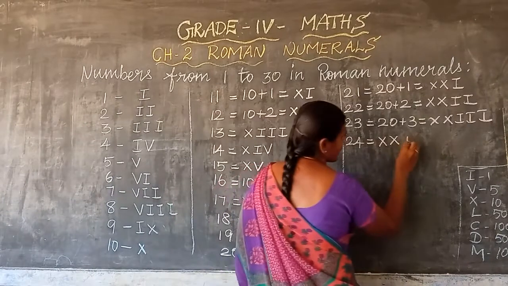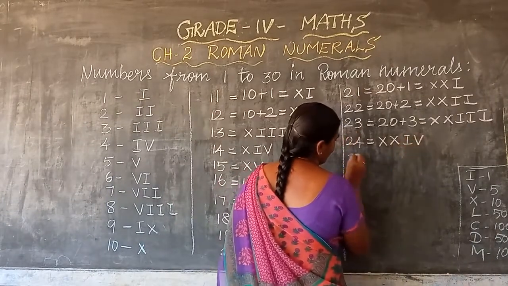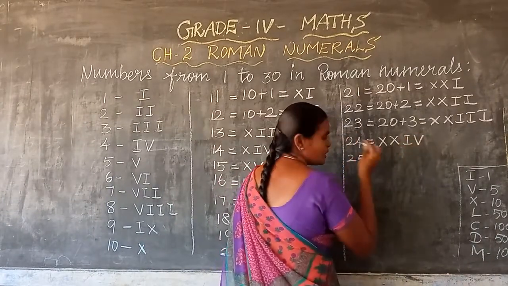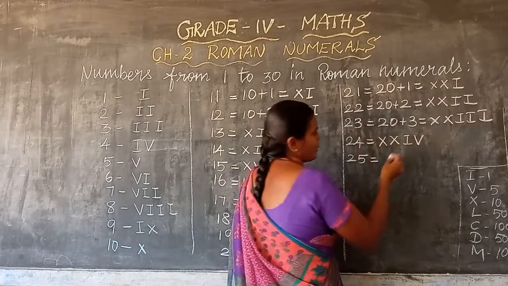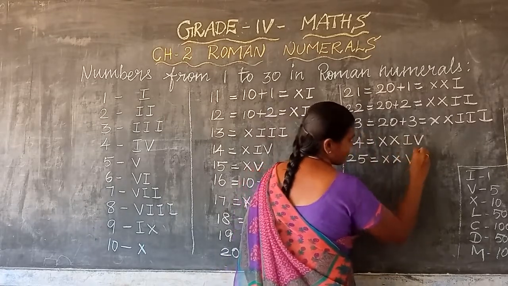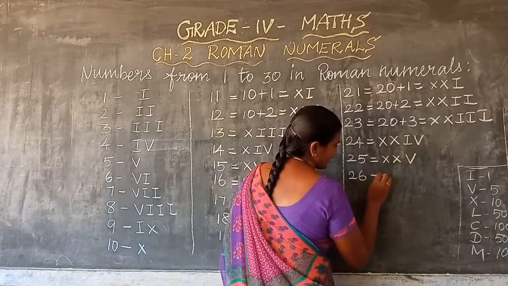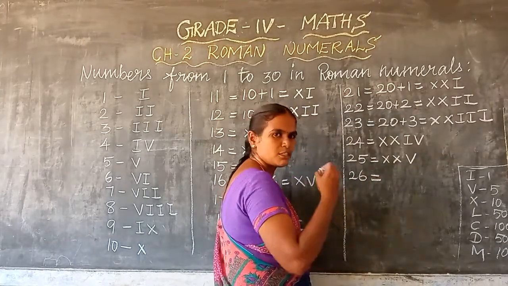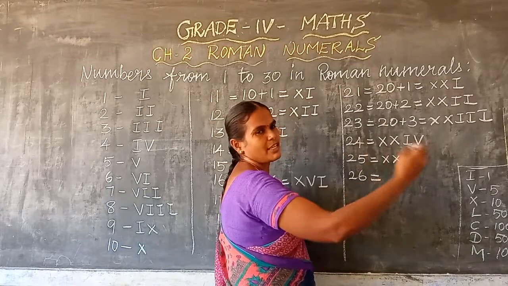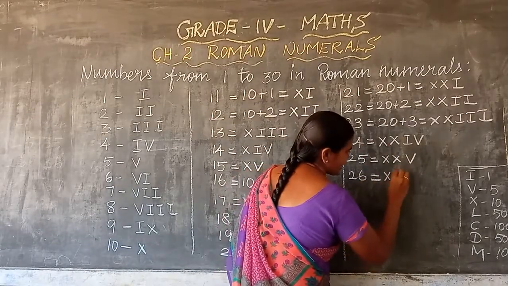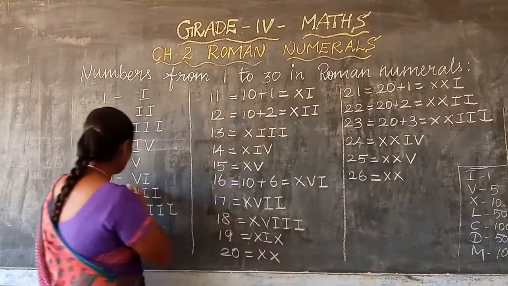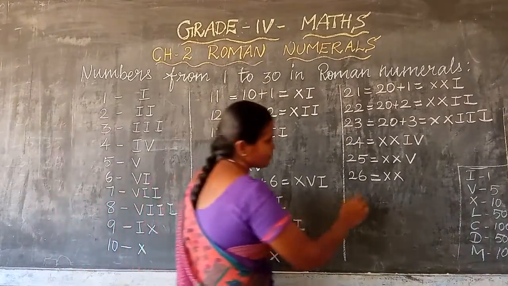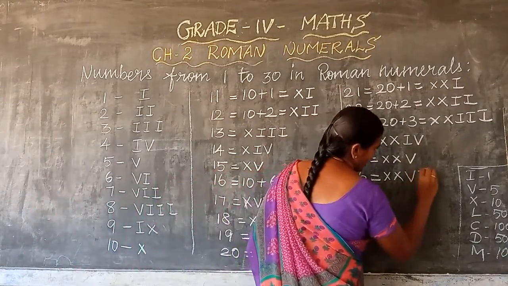So XXIV. 25: 20 plus 5. So XXV. 26: what is the expanded form of 26? 20 plus 6. 20 means XX, 6 means VI. So XXVI.